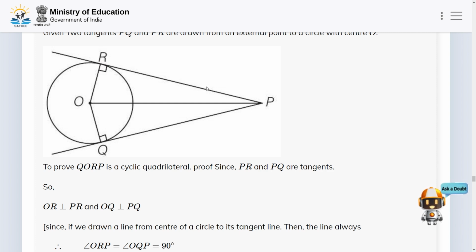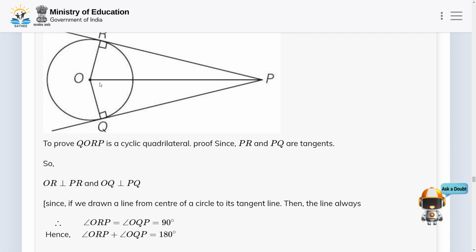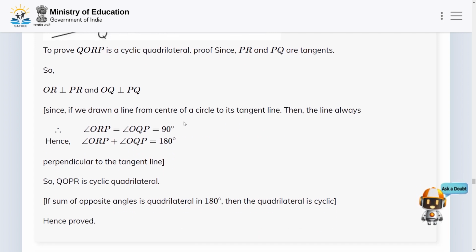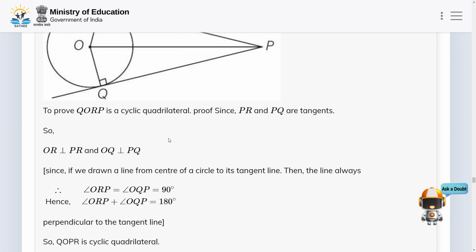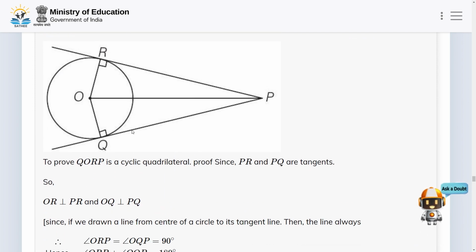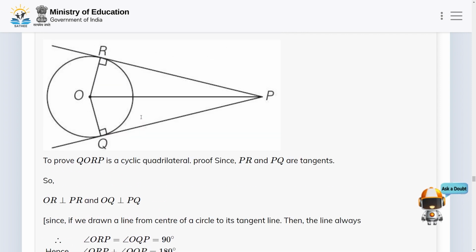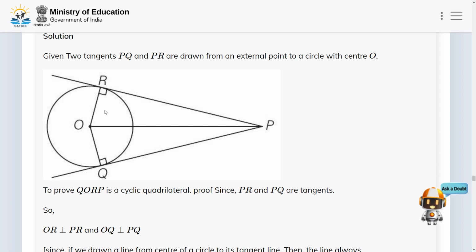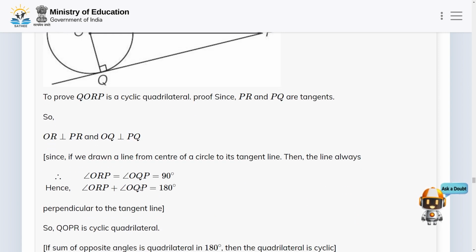Since PR and PQ are tangents, OR is perpendicular to PR, and OQ is perpendicular to PQ, since if we draw a line from the center of a circle to its tangent line, then the line is perpendicular. Therefore angle ORP is equal to angle OQP is equal to 90 degrees. Hence angle ORP plus angle OQP is equal to 180 degrees.